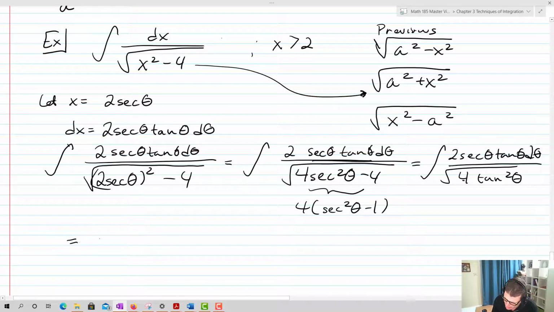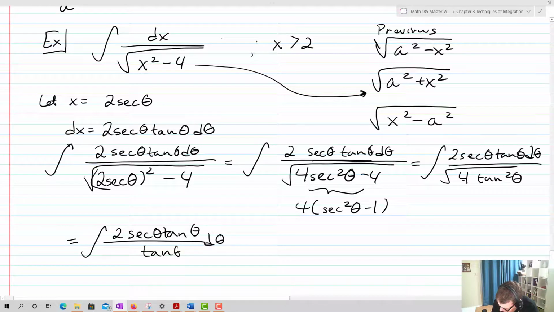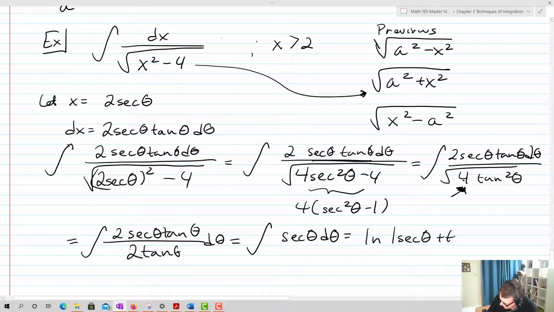This ends up giving me now the integral of 2 secant theta tan theta divided by 2 tan theta d theta, because we've got the square root of 4. And this will then equal the integral of secant theta d theta. And that is simply the natural log of secant theta plus tan theta plus c.